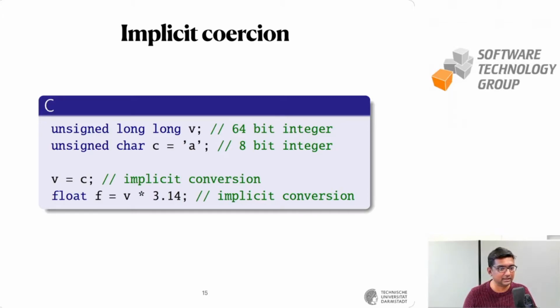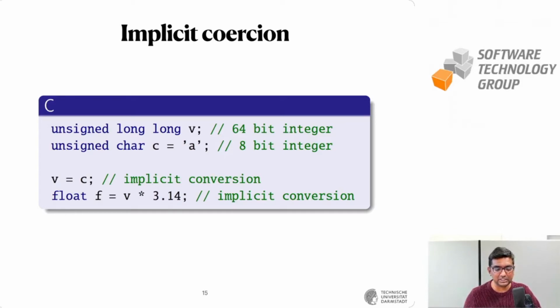You have an unsigned long v and an unsigned char c, and if you try to assign c to v, it would implicitly convert your c to a long, and then it would type check. Another example: if you say float f equal to v star 3.14, even though v is of type long, it would be implicitly coerced to the type float, and then the overall computation will occur without any problems.